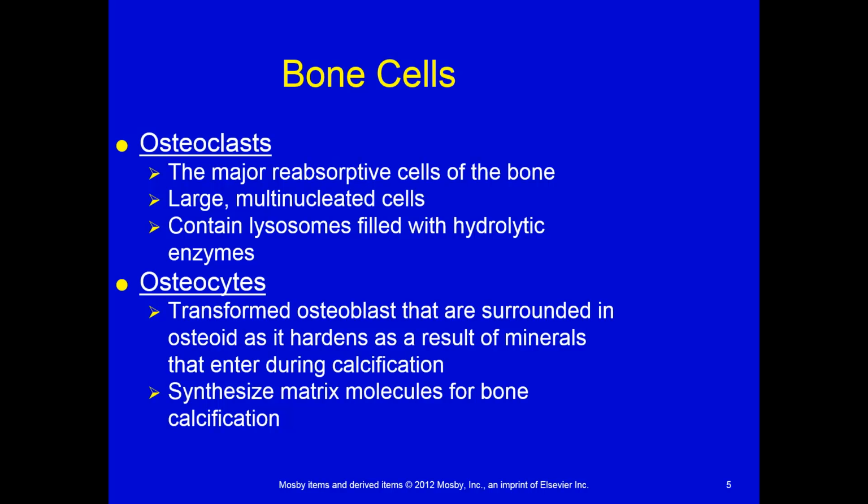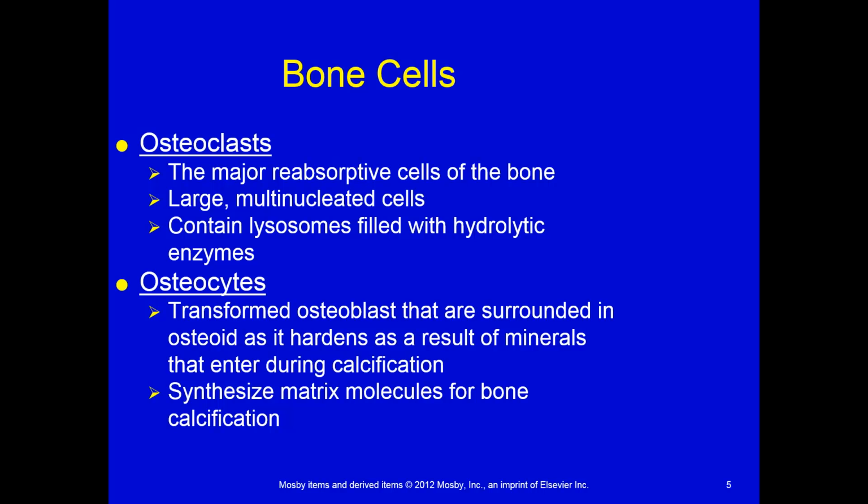So the way I think about it is osteocytes are these transformed, more specialized, more mature osteoblasts that get stuck in that resin, in that osteoid being secreted by the osteoblast, and help harden and mineralize that bone to give it its weight-bearing properties and its ability to handle large loads.